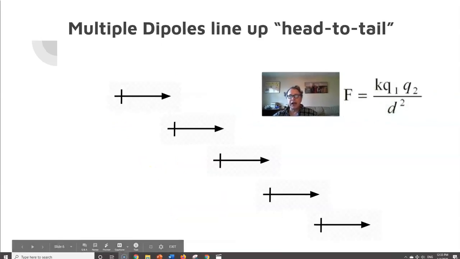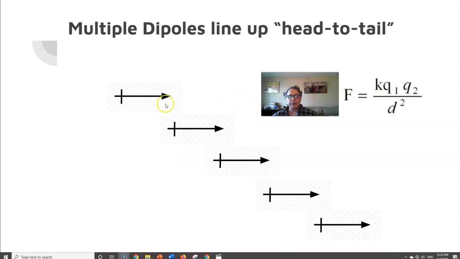We said also that the dipoles line up head to tail, head to tail, head to tail. They do that to maximize the attractive coulombic force in the system. And this, of course, is responsible for molecular properties like boiling point and melting point and other properties involving large numbers of molecules interacting.